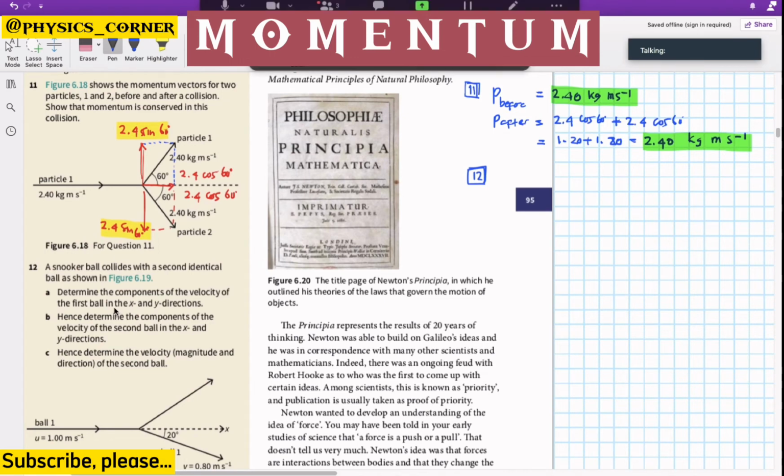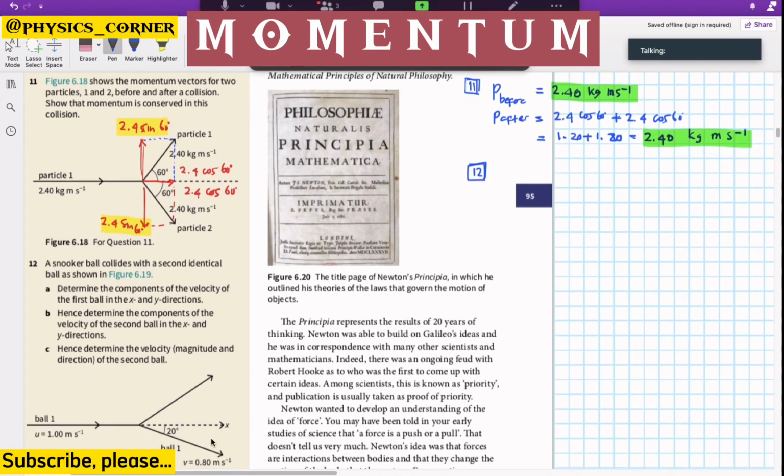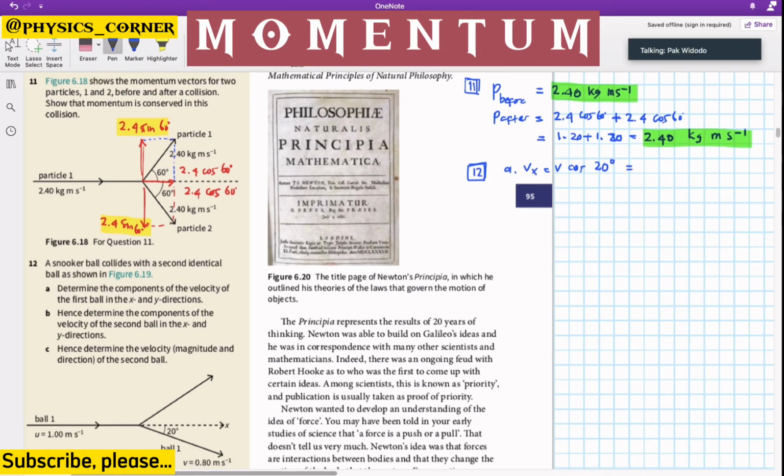This one, on the x, question A, v on the x is v cos 20. Sorry, a bit laggy. So v is 0.80, 0.80 cos 20.